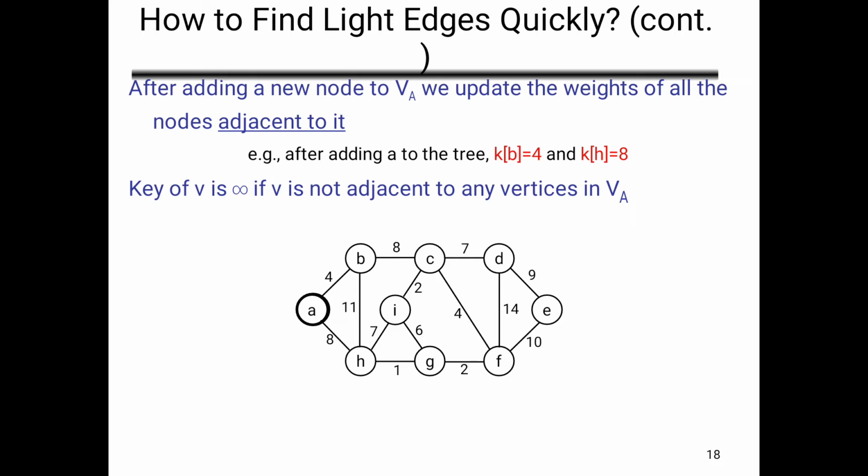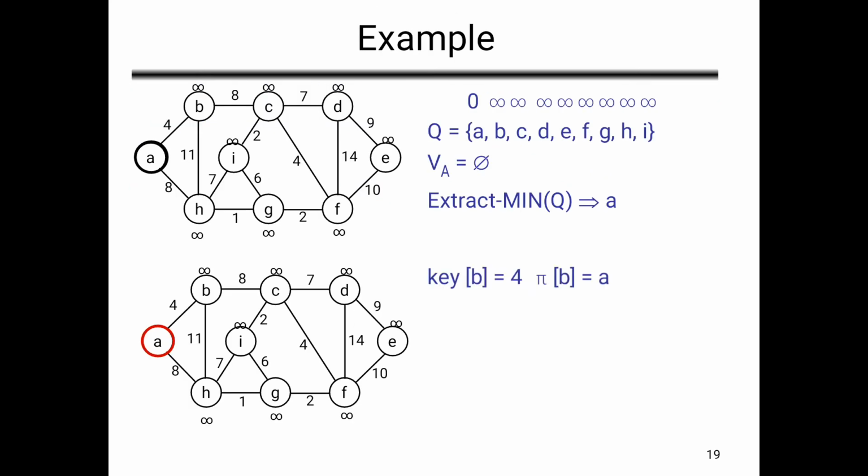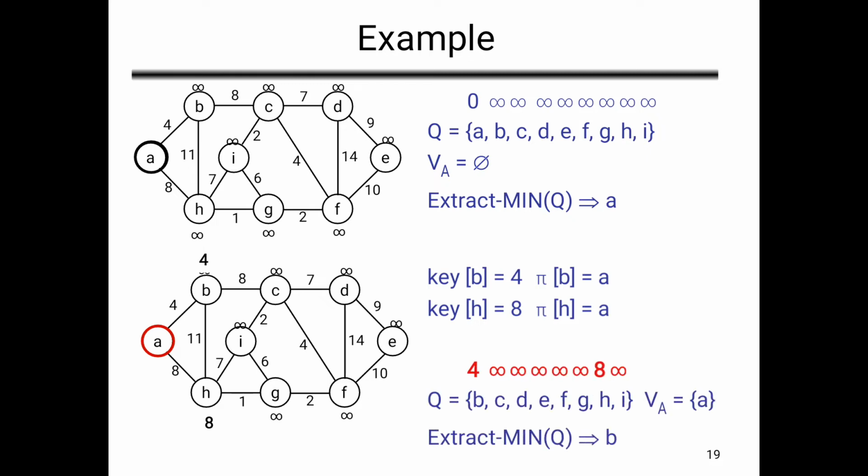That means A is directly connected to B and H. Take the minimum edge, that is here B value is 4 and H value is 8. Consider the minimum value, that is 4. A to B, the cost is 4. So B is chosen because of the minimum cost, and H having the highest cost. Remaining all put infinity.